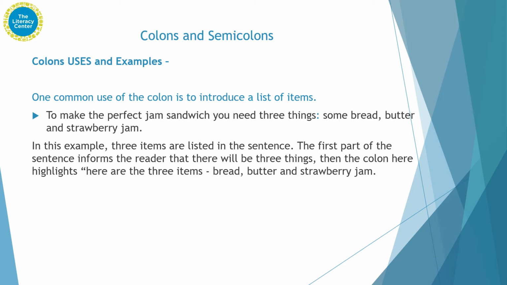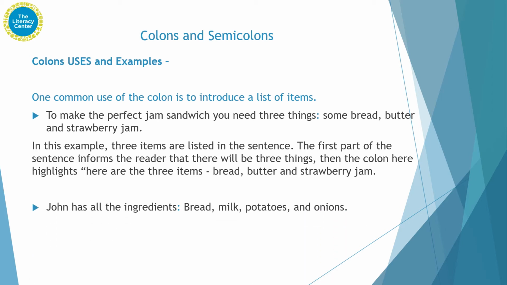The first part of the sentence informs the reader that there will be three things. Then the colon here highlights, here are the three things. That is bread, butter, and strawberry jam. So in this example, after the colon, you are being introduced to a list of items. That is some bread, butter, and strawberry jam.